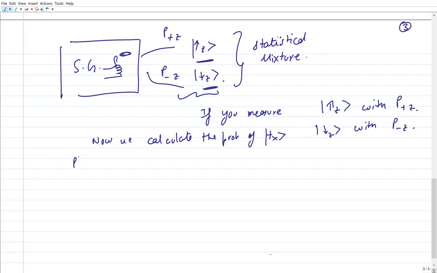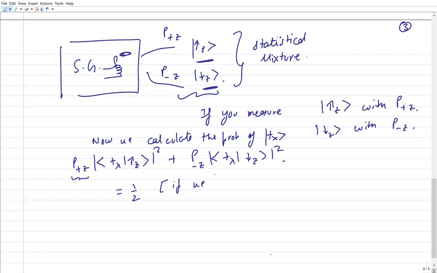It gives me P plus z times the inner product with plus x, this guy squared, plus P minus z times this guy squared, and this probability is going to be half if we have a fair coin.